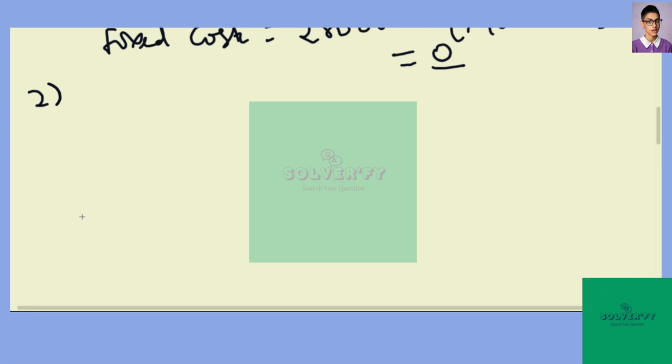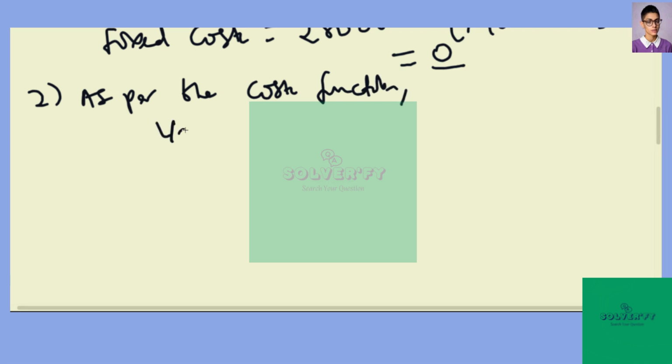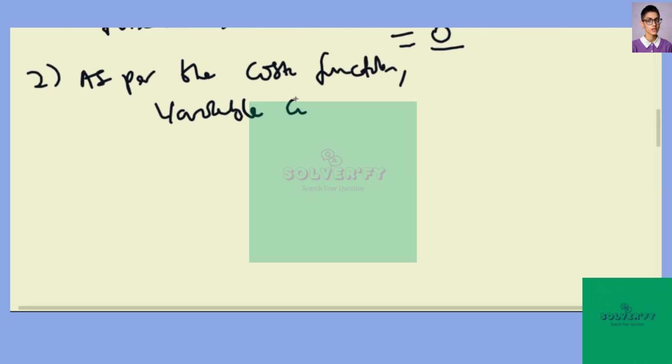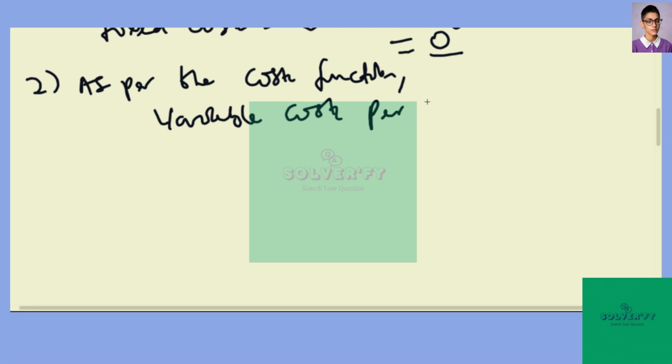Plot and comment on the estimated cost function. So as per the cost function, you can see that the variable cost per unit is equal to $2, right?